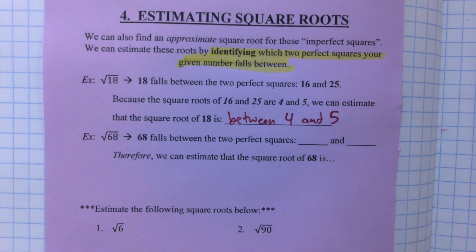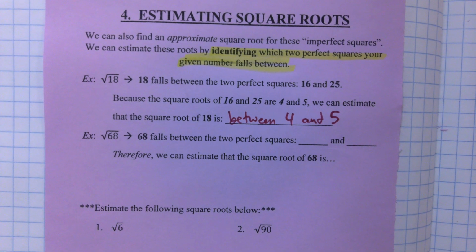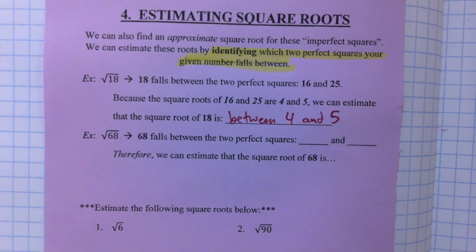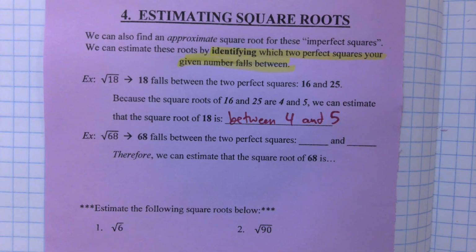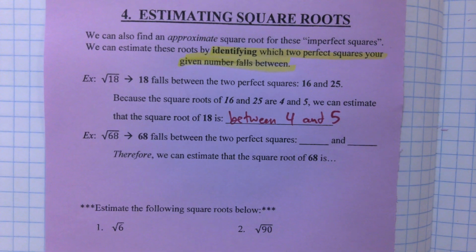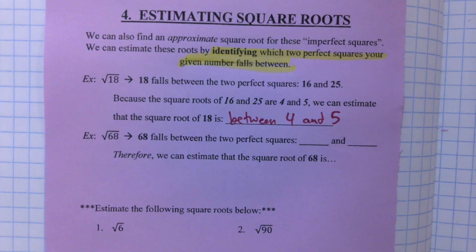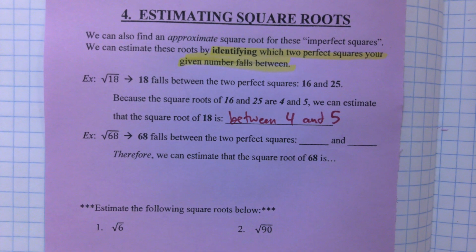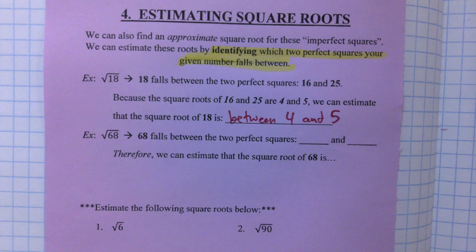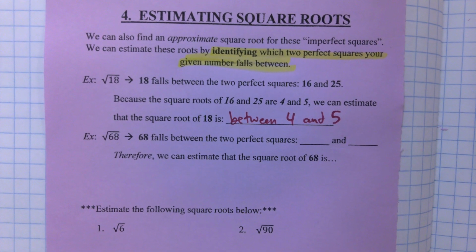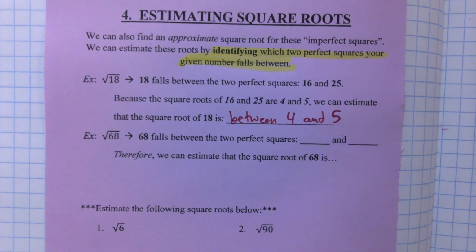Right, if I take out a calculator here, and I take 18 and try and find the square root, what do I get as an answer? 4.24. What two whole numbers is 4.24 in between? 4 and 5, right?